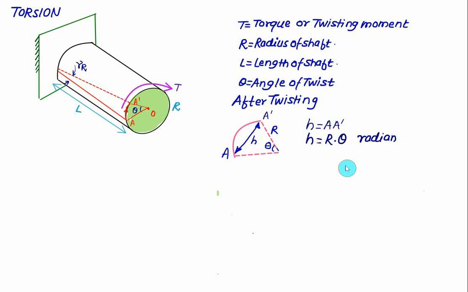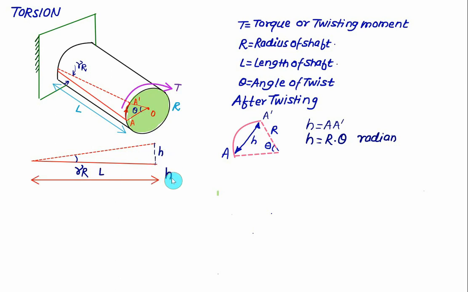On the side view, this angle formed is equal to the shear strain, gamma R. This one is the length equal to L and this distance equal to H. So the same distance H we can write as the product of the shear strain multiplied by length L. Here also you have to take gamma in radians.